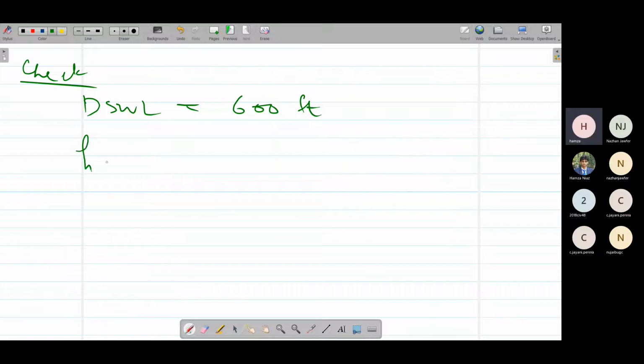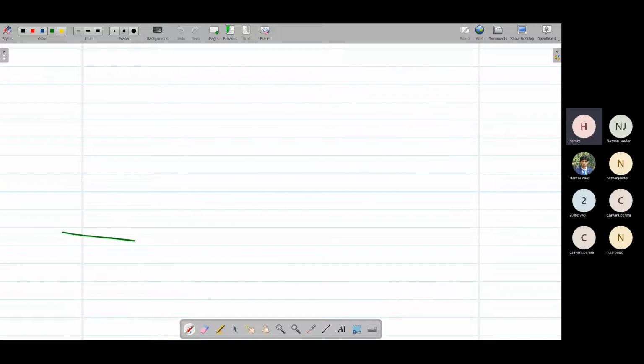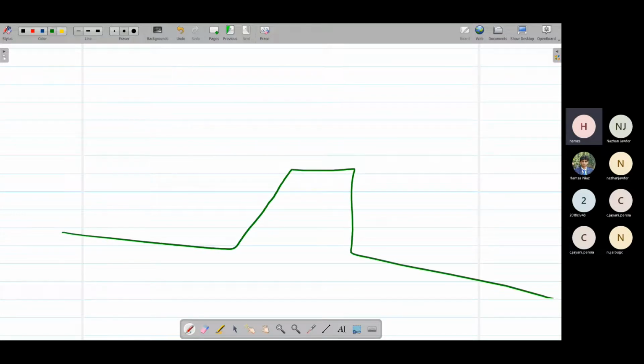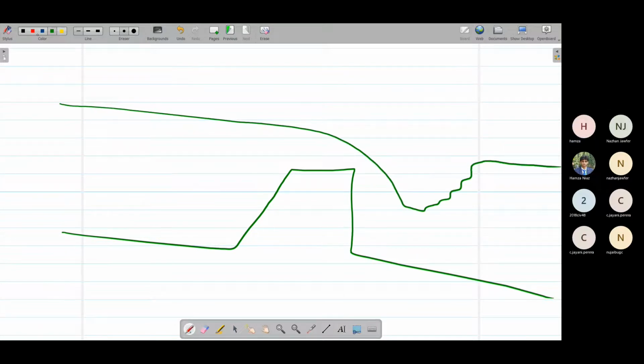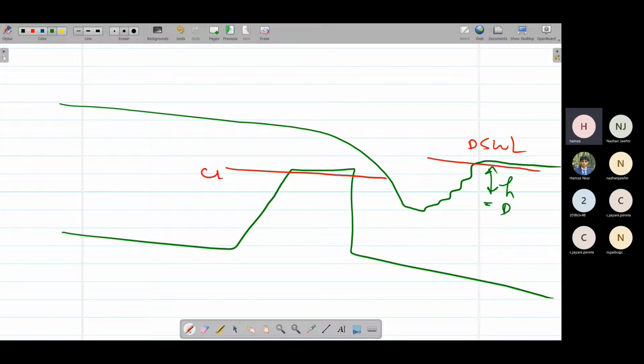We'll denote it by H. Weir submergence is how much the weir is submerged. For example, this is our barrage and this is the water level. So for example, this is our hydraulic jump, this is our crest level and this is our downstream water level. The difference of these two, H, is equal to downstream water level minus crest level.